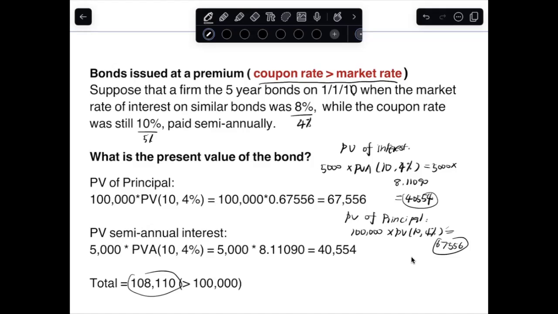So the present value of the bond is more than the 100,000. So if the company sells it at less than that amount, the company will not be willing to do that. So the company will sell at a premium. It's more than the 100,000 because it gives you an interest rate that is higher than the market. So that's why the bond will be issued at a premium.